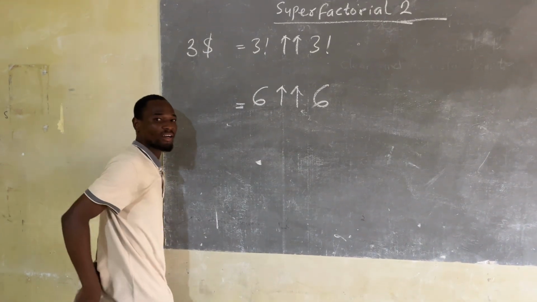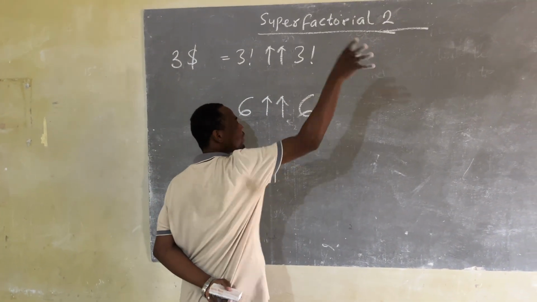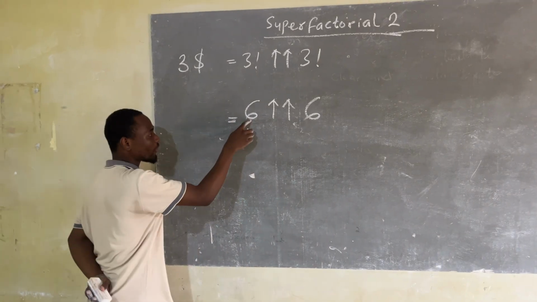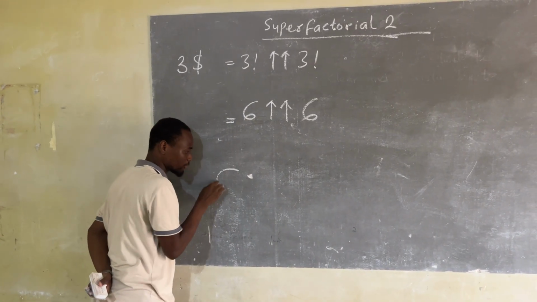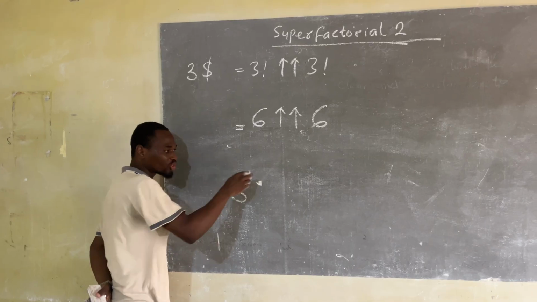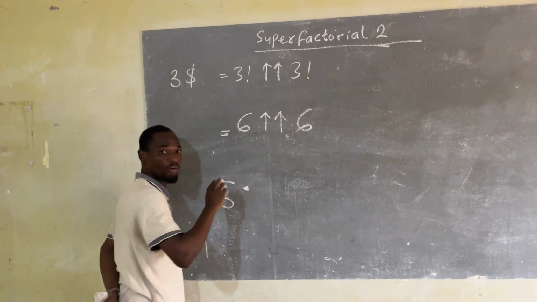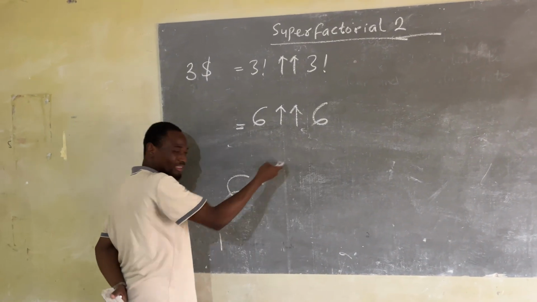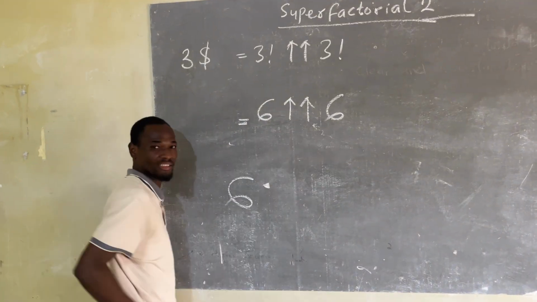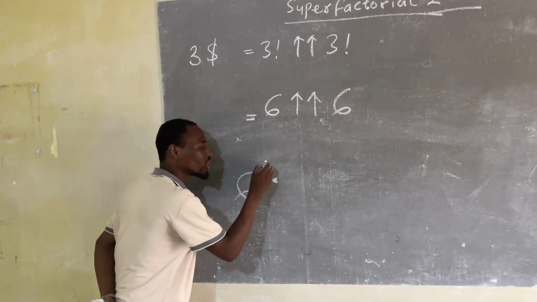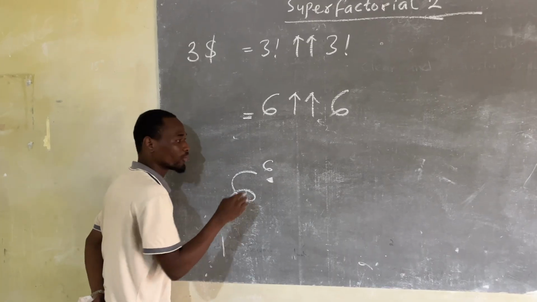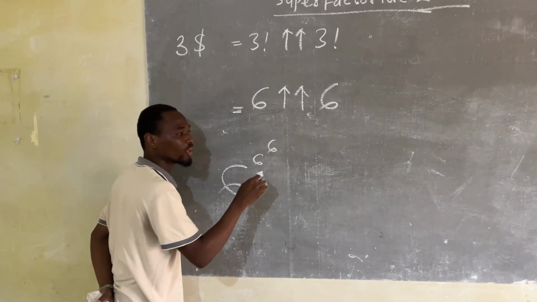Now, remember, we are going to form a power tower out of this. So I'll write my 6 down, raised to the power of 6, such that when I count the 6s, it should amount to 6. So I have 6 raised to the power 6, raised to the power 6, raised to the power 6.